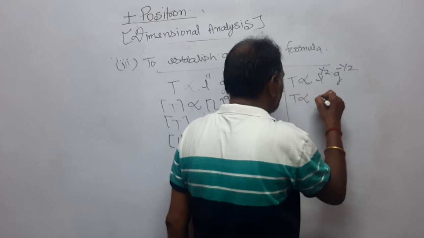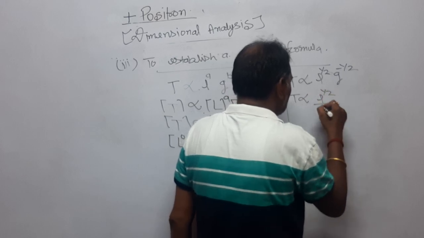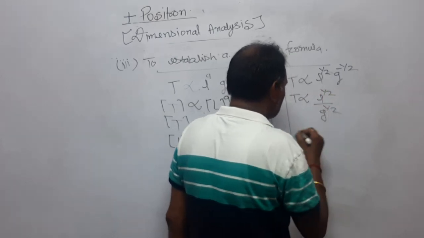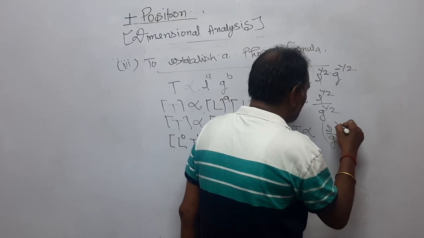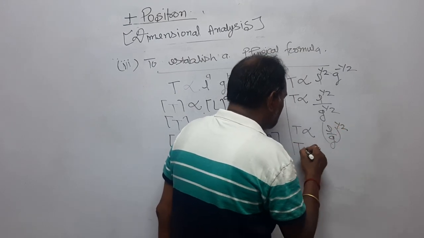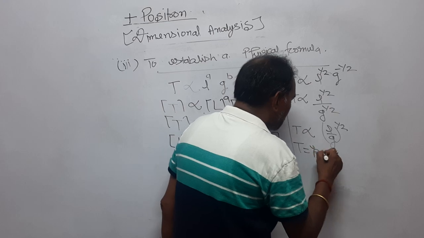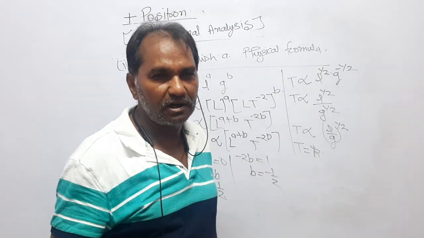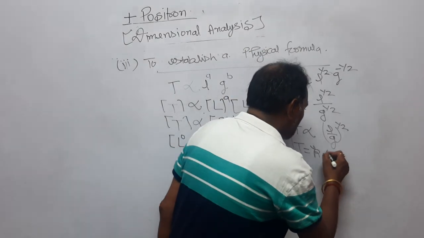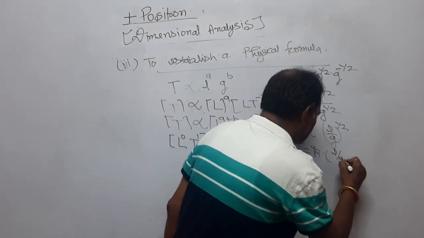You might write it like this: L to the power 1 by 2 upon G to the power 1 by 2. L upon G have the common power 1 by 2. Just to remove the proportionality, you have to multiply by a constant K, so T is equal to K times L upon G.